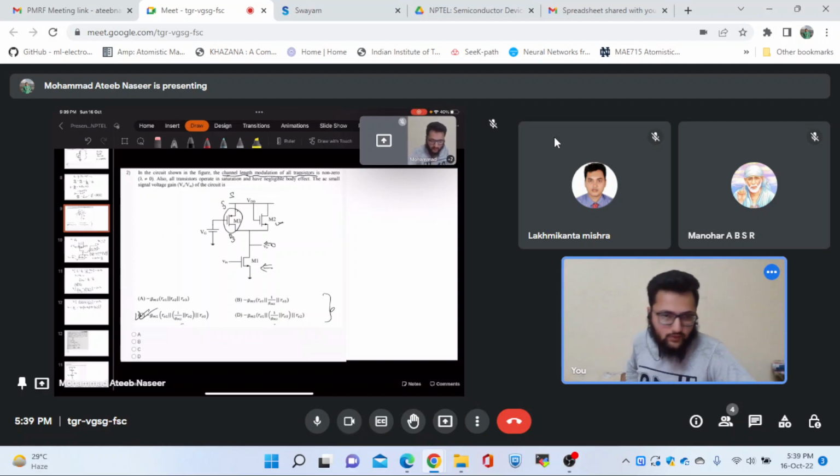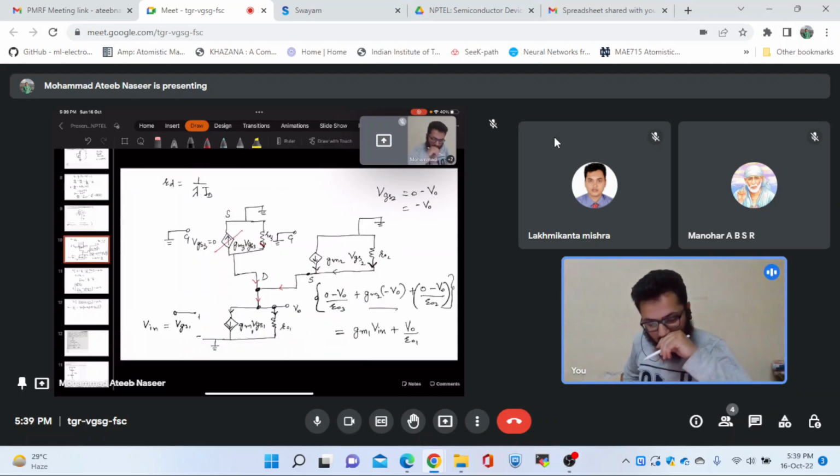For PMOS, we need to look into the VSG. That is what I have written over here. This is the VSG, the source to gate voltage. The source is grounded, and the gate is grounded.